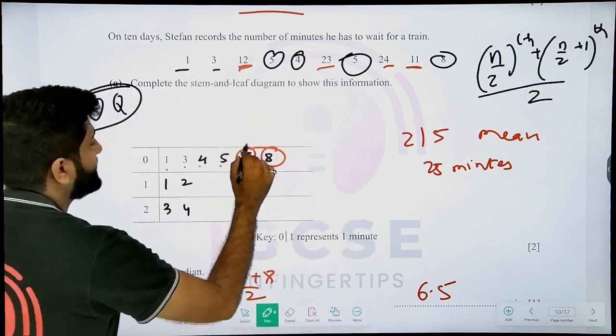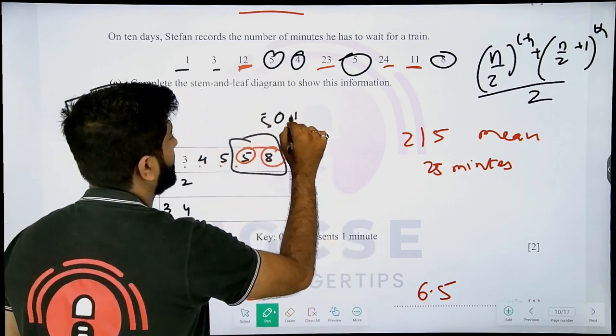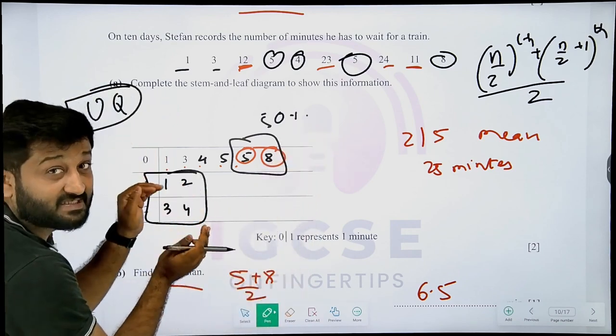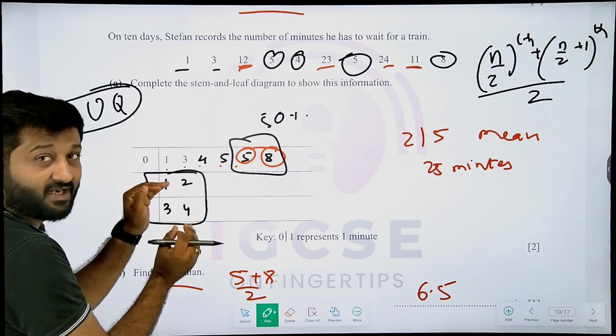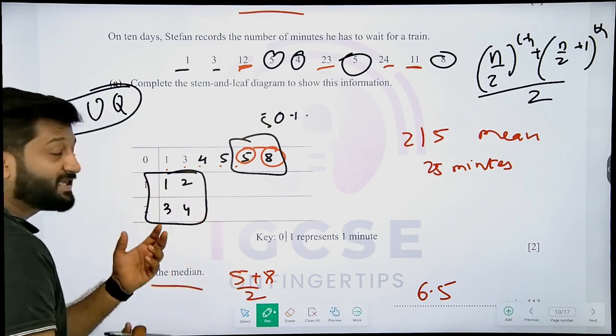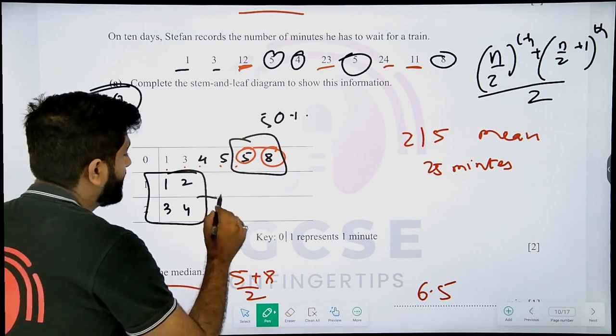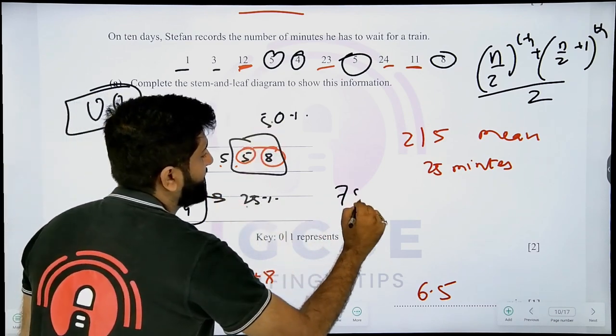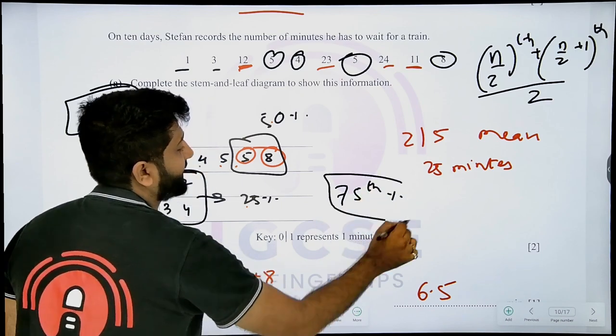This is my 50th percentile, and this is the remaining 50% of the data. Again, if I find the median, which means the central value, it is going to give me 25%. So 50 plus 25 is my 75th percentile.